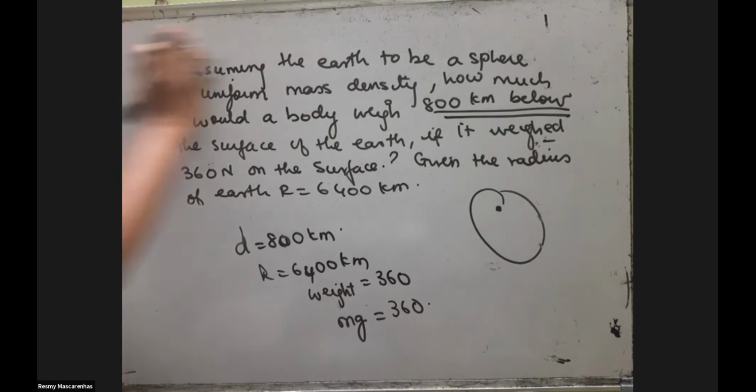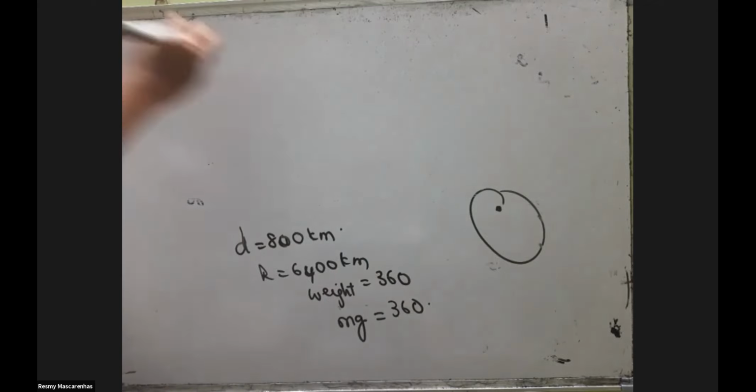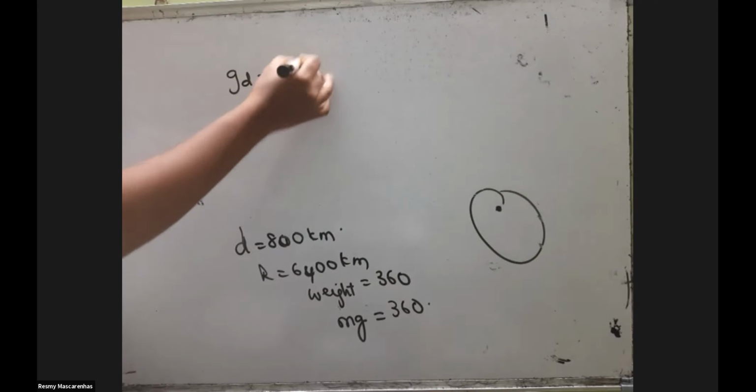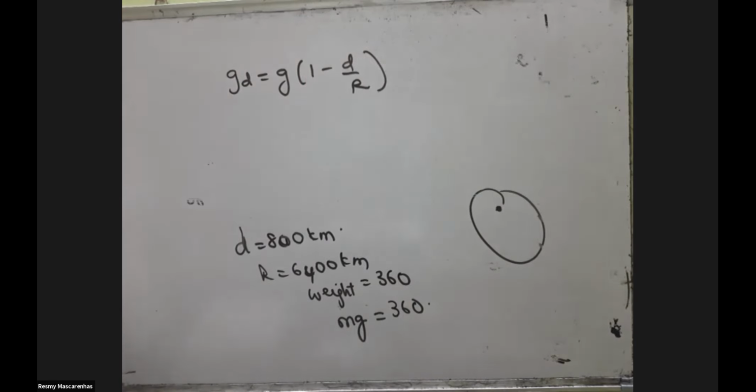Now the formula which we know for the depth is Gd is equal to G times 1 minus d upon R. Now the weight, finally weight also has been asked. Okay. Now we have to deal something in terms of weight.